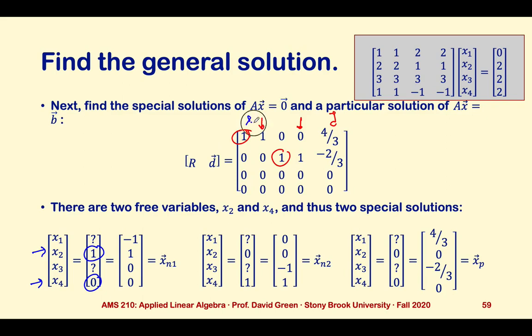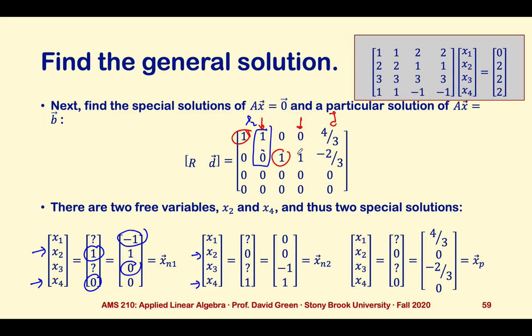We're looking at x2, and so the pivot variables are in that column. For pivot x1, we have a 1. That becomes a negative 1 in the vector. And for pivot x3, we have a 0, so we get a 0 in that position. First null space vector, special solution.